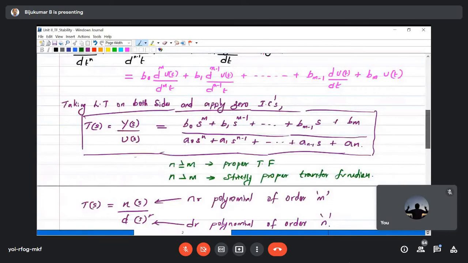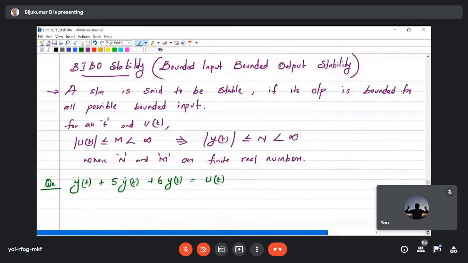So I have a system like this. First of all, where y of t is the output and u of t is the input, I want to derive the transfer function model. How to derive it? y double dot t means, I already told you, d square y of t divided by dt square. y single dot t is dy by dt. If I apply Laplace transform, we can write this as s square y of s minus the initial conditions.